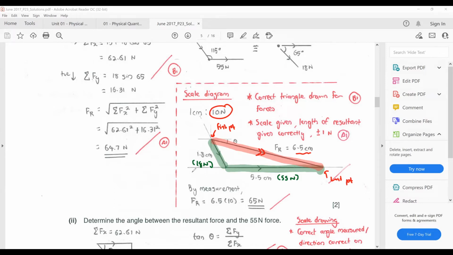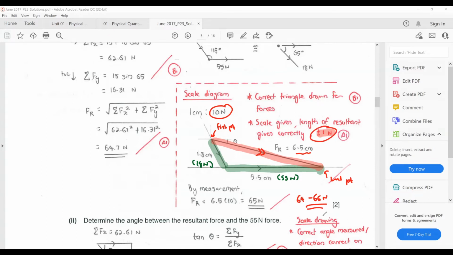Now, recall I mentioned that a scale vector diagram is not the most accurate because it is subject to the accuracy of your line drawing. That's why they normally give a range. Your marking scheme gave this range: your answer could be anywhere between 64 to 66 Newton.